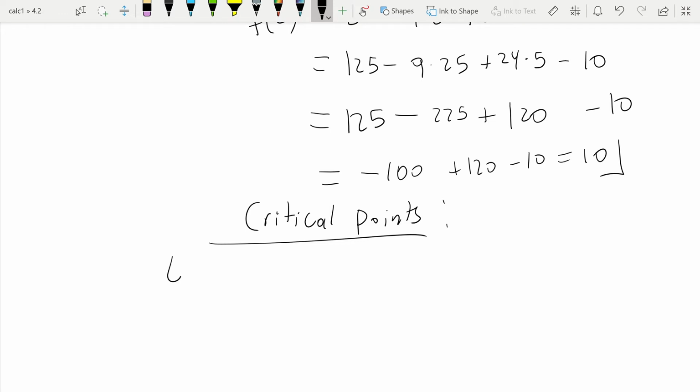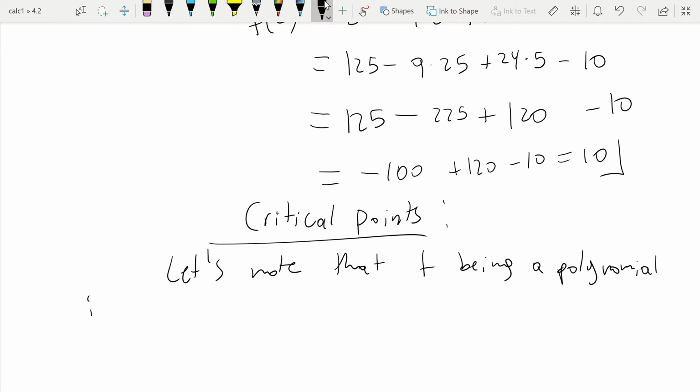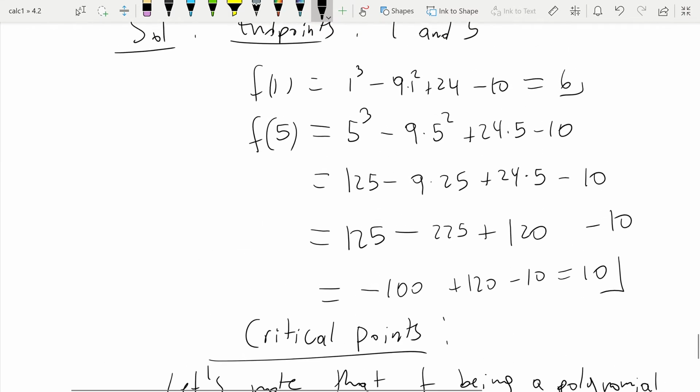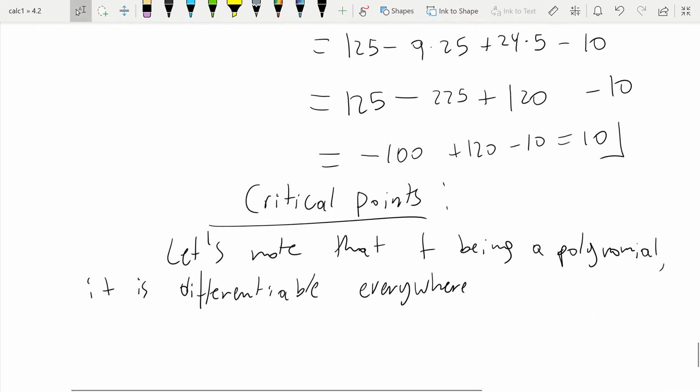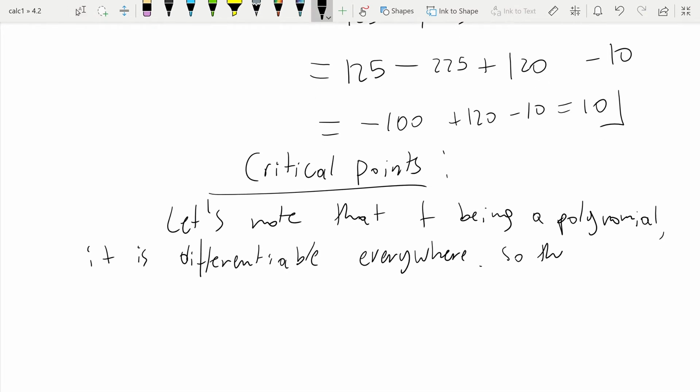Let's note that f being a polynomial means it is differentiable everywhere. So there are no critical points that correspond to points where the derivative doesn't exist. The only critical points that we're going to find are points where f prime is equal to 0.